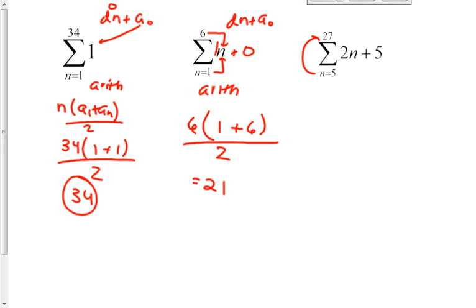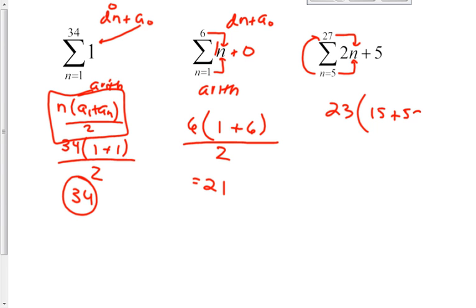So when we use our rule, this rule right here, n refers to how many terms? 23 terms. The value of the first term, plug in a 5. 2 times 5 is 10. 10 plus 5 is 15. Plus the value of the last term. Now plug in a 27. 2 times 27 is 54. 54 plus 5, 59.